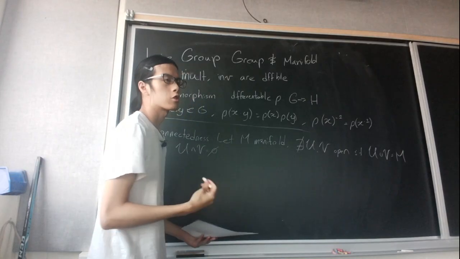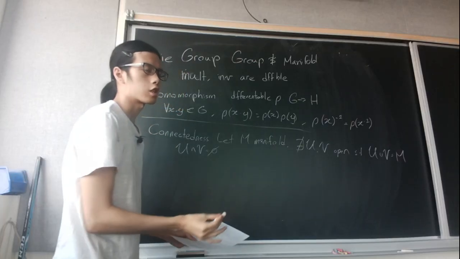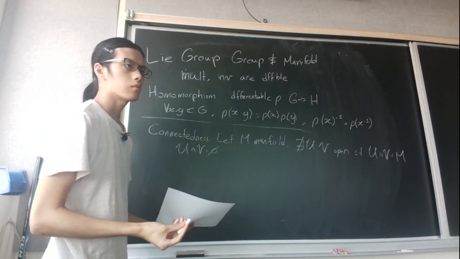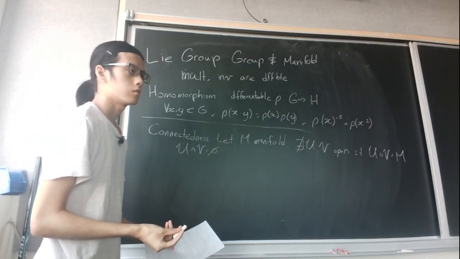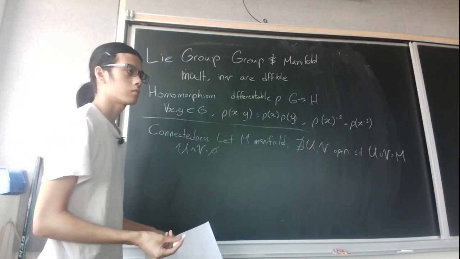So basically, there can't be two open components of this manifold such that together they form the entire thing without intersecting. So it's connected in the sense that I cannot disconnect it into two disjoint open sets.